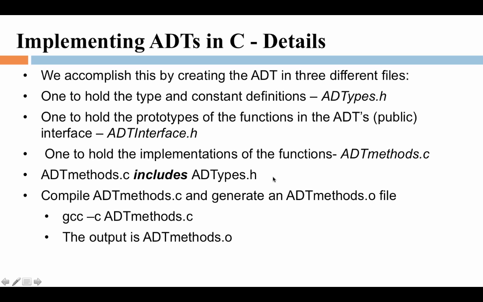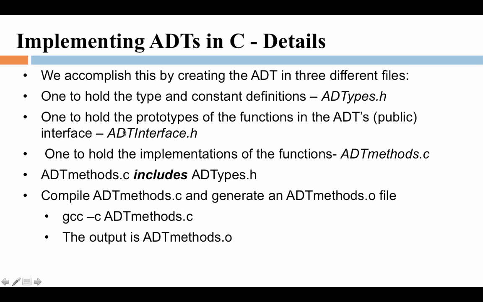In this case, you put in all the function definitions. Which function definitions? The functions that you have put in the ADT interface.h, definitely, and any other internal functions which are necessary for the implementation. I hope this point is clear. These are the functions which are available in the interface.